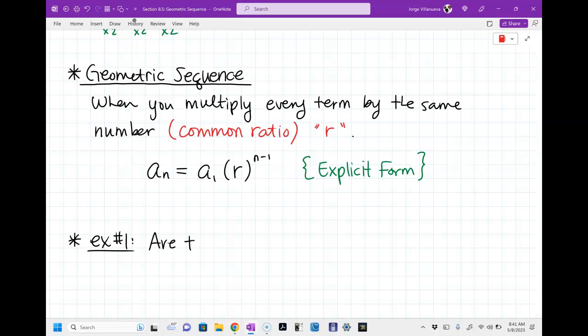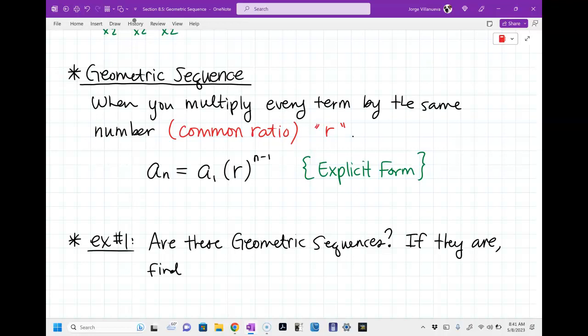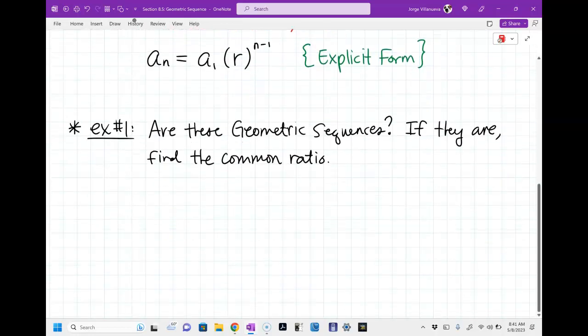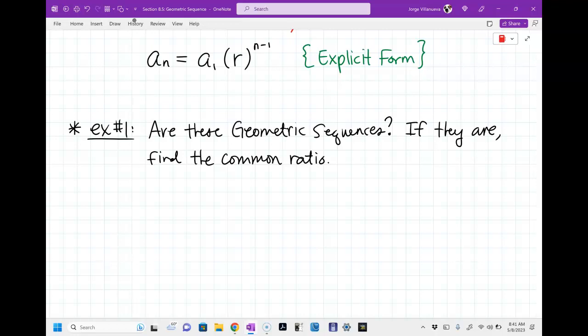Are these geometric sequences? If they are, find the common ratio. So this is a yes or no answer, basically.